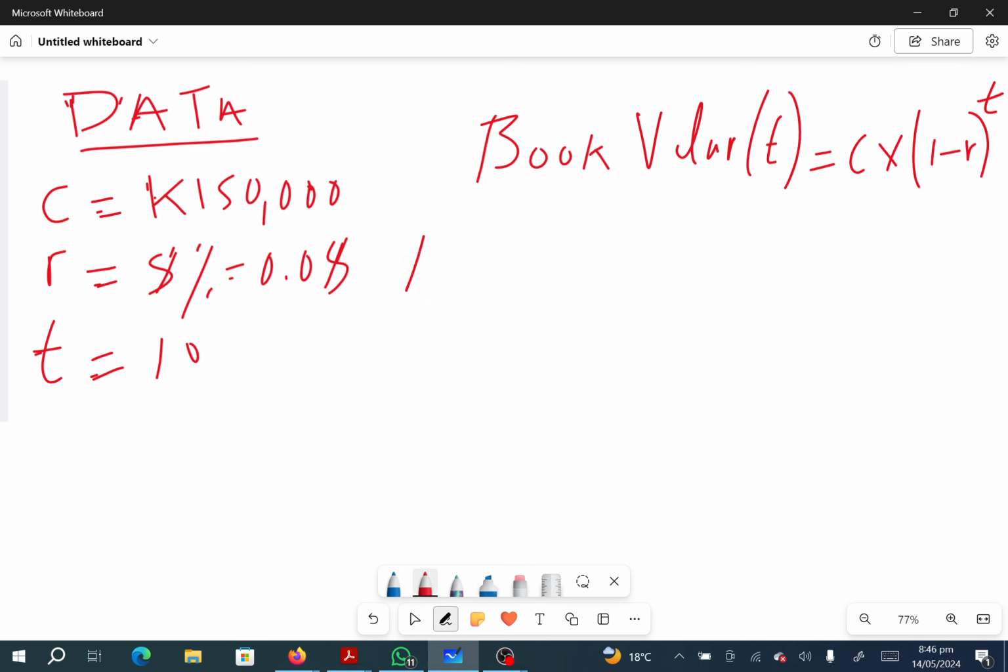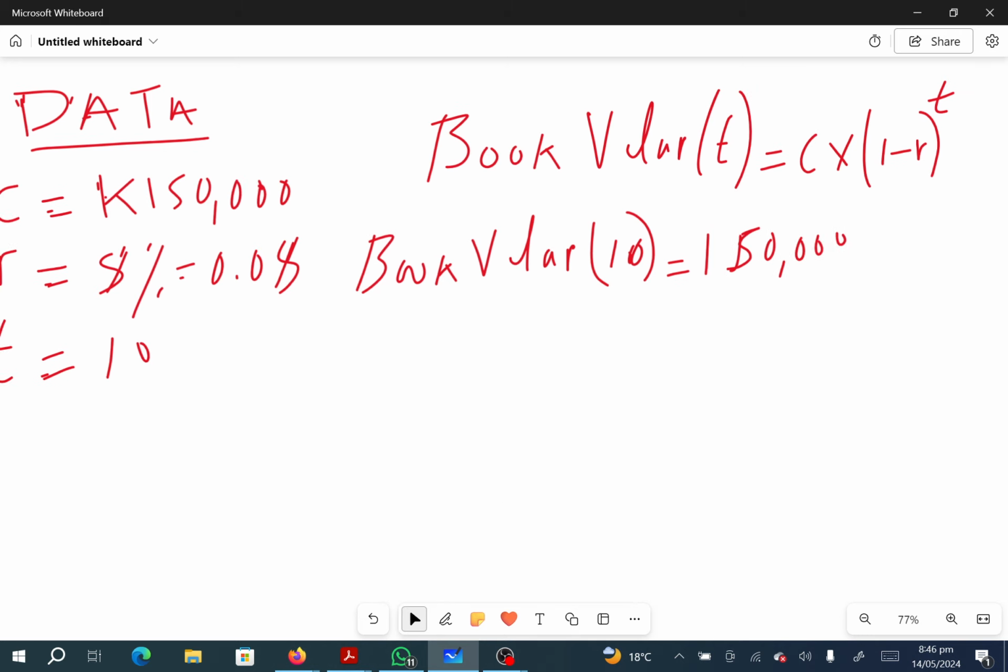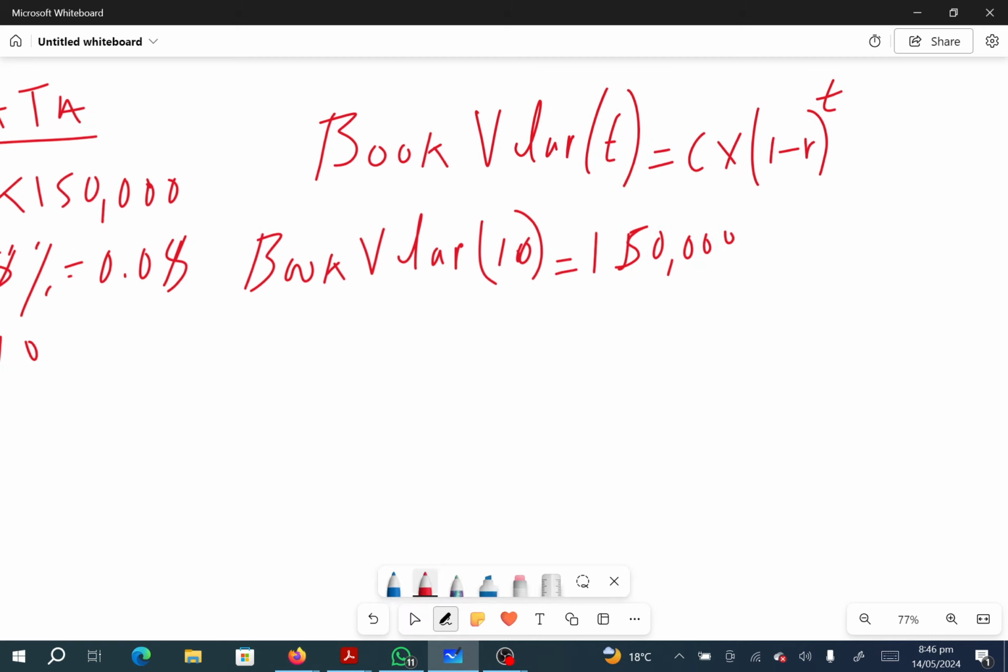So we'll say our book value at 10 years is equal to, so our initial cost is 150,000, multiplied by 1 minus R, where the rate is 0.08, then the time is 10.